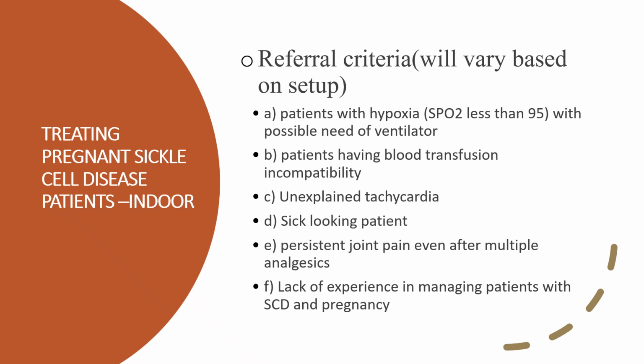Patients having blood transfusion incompatibility, patients with unexplained tachycardia, a sick-looking patient, a patient with persistent joint pain even after multiple analgesics. And lastly, if you don't have experience or expertise in management of pregnancy with sickle cell, the patient should also be referred out.